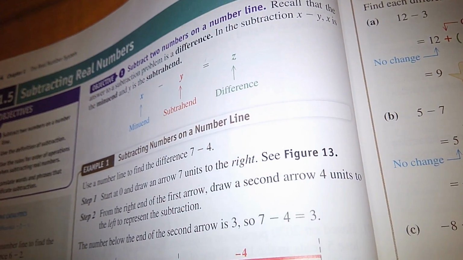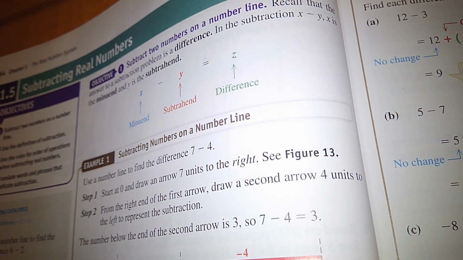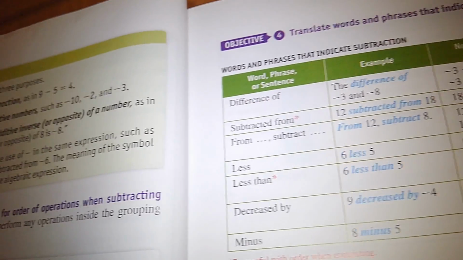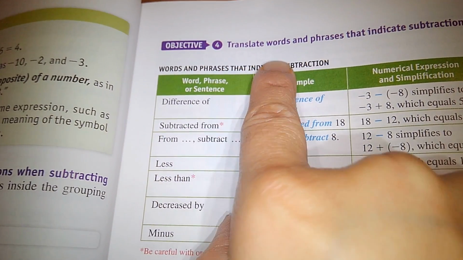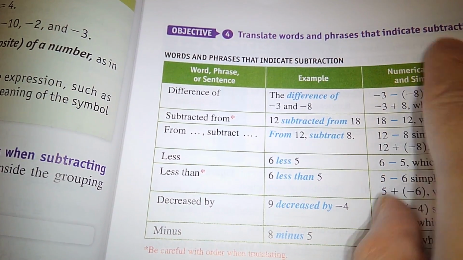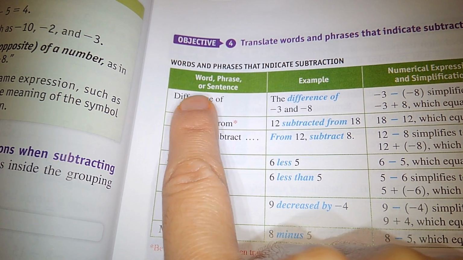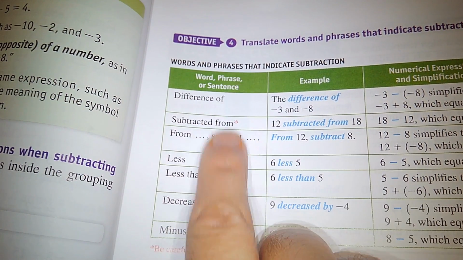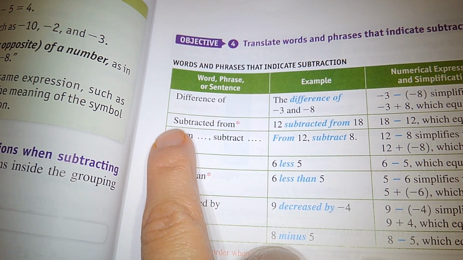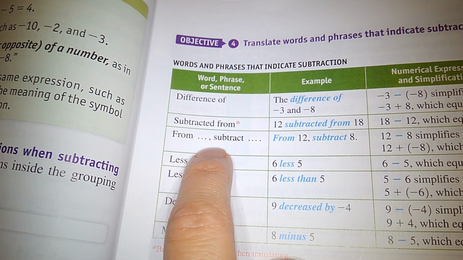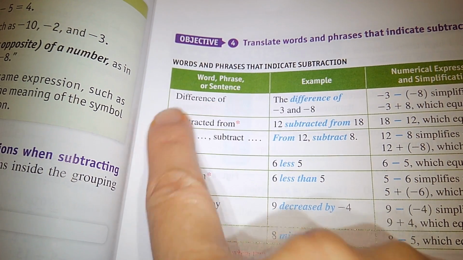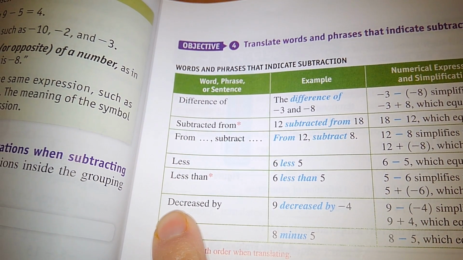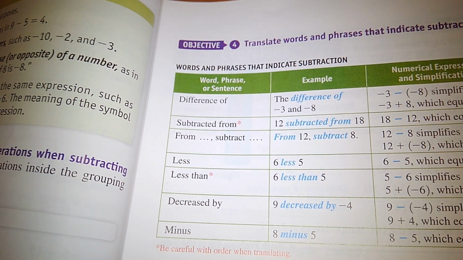Once you understand this, I think we're able to practice. However, on page 67, let's look at that. Sometimes we have to translate words and phrases into expressions. When we encounter these words and phrases, such as difference of, subtract from, subtract, less than, decreased by, minus, we use subtraction.